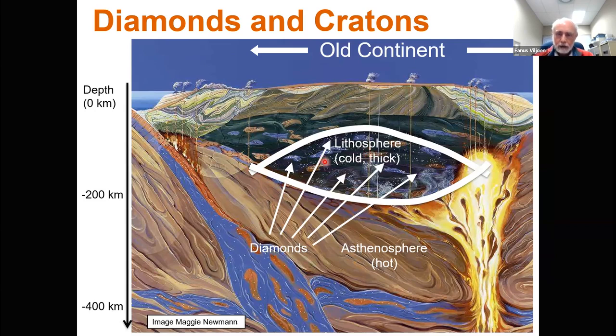Any kimberlite that passes through the hotter regions is likely to be barren because we're dealing with an off-craton environment. Any kimberlite that passes through the oldest regions of continents, which are underlain by old, cold, and very thick lithosphere, could potentially be diamondiferous.